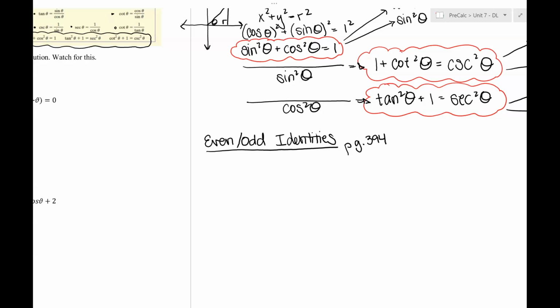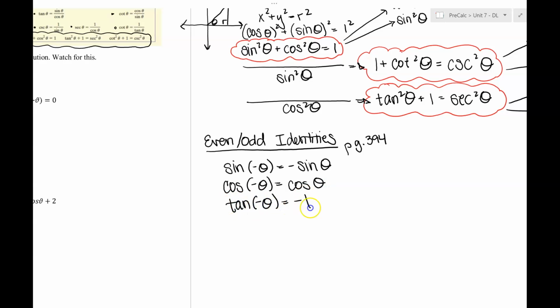We did go through it in class on that side whiteboard. But as a refresher, the sine of a negative theta is equal to negative sine theta. Cosine of negative theta is equal to cosine theta. And then tangent of negative theta is equal to negative tan theta.